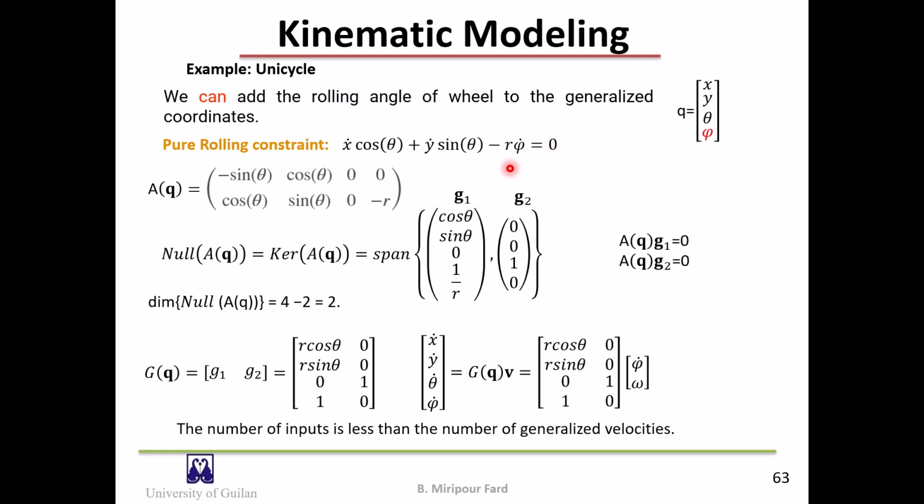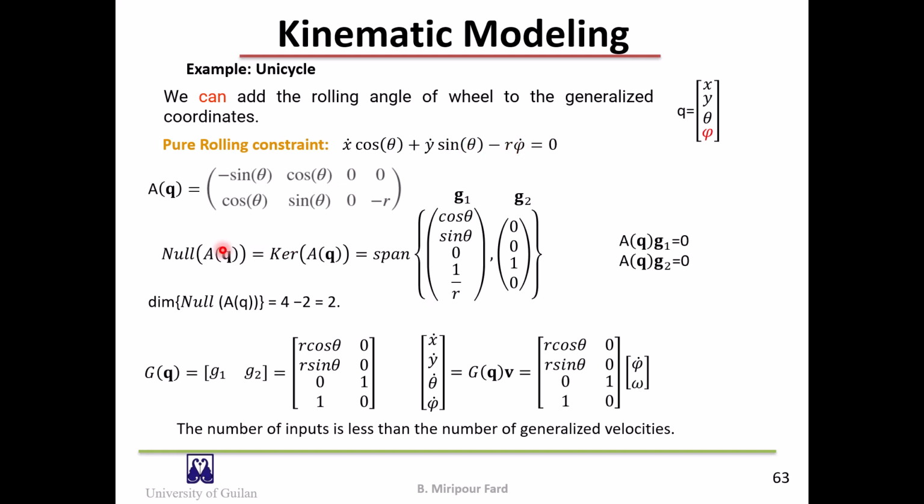We can write this constraint as x dot times cosine of theta plus y dot times sine of theta minus r phi dot equals 0. R is the radius of the wheel, and phi dot shows the rolling angular velocity of the wheel.